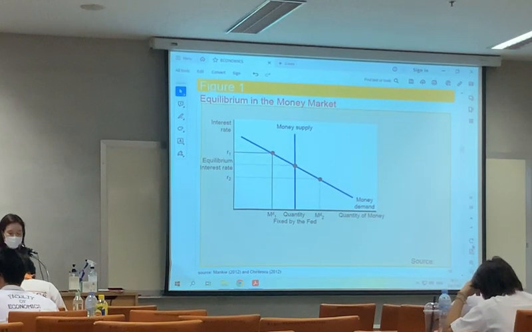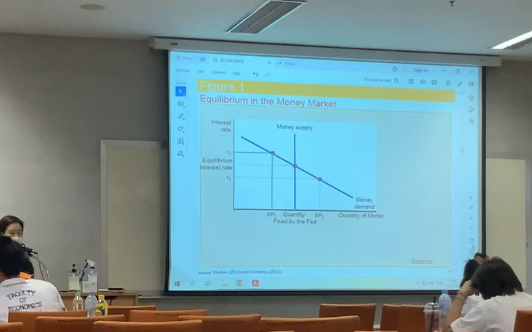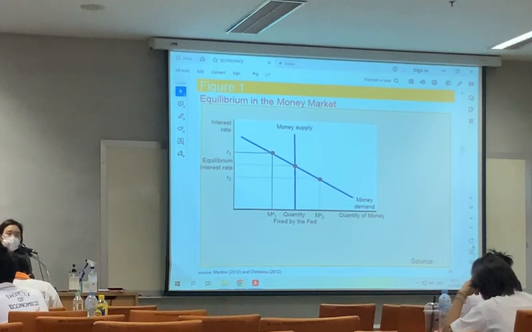The factors that make MD shift can be any other factors but not the interest rate. For example, there are factors that make you hold more money. There are examples in the exercise I will tell you later.